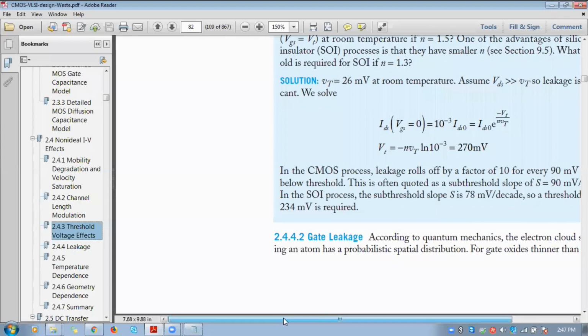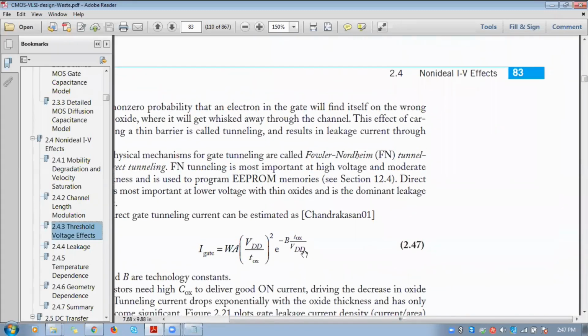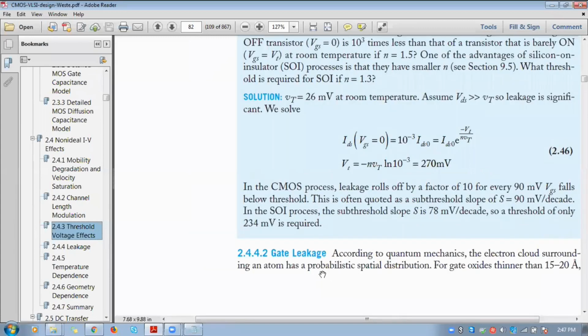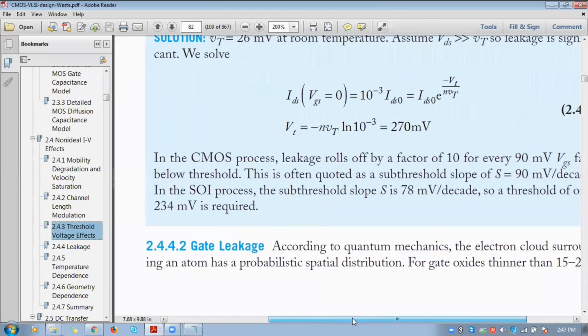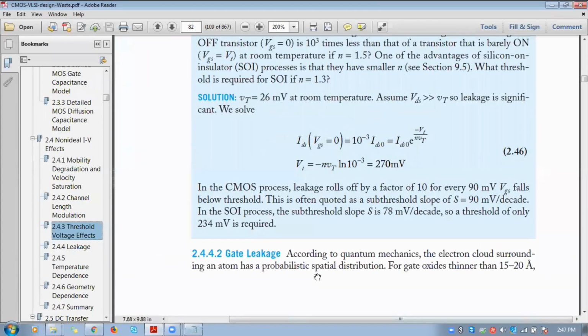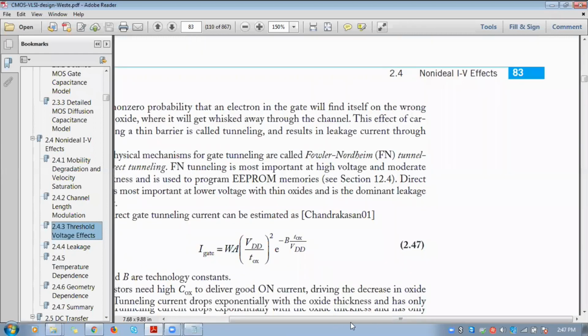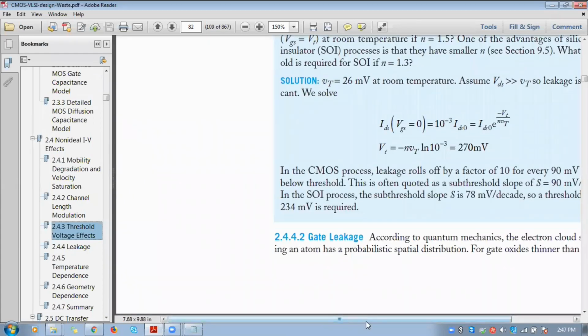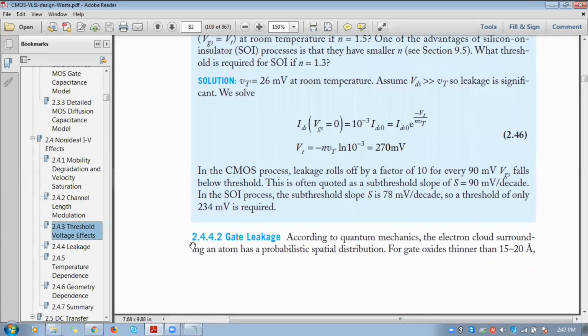Gate leakage. Gate leakage is the leakage which happens near the gate terminal. You might have seen this concept as the tunneling effect in the third edition.